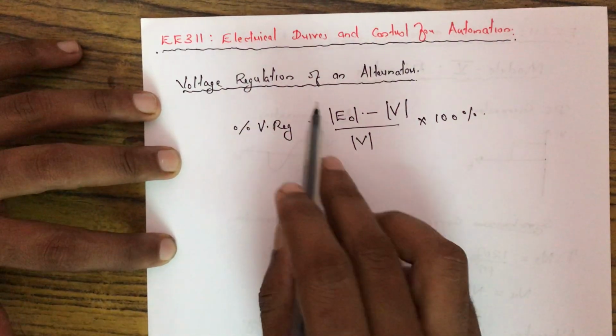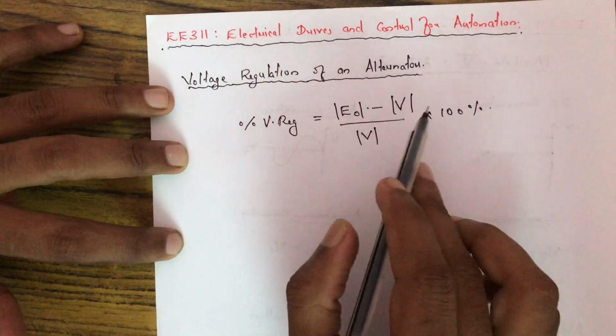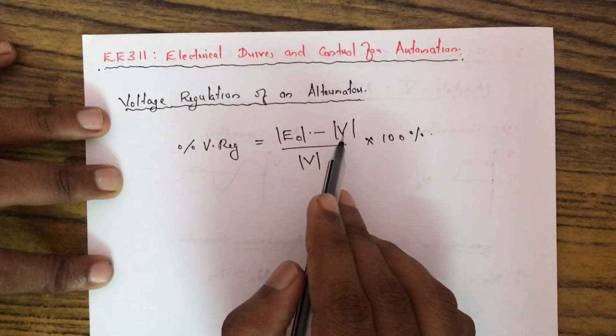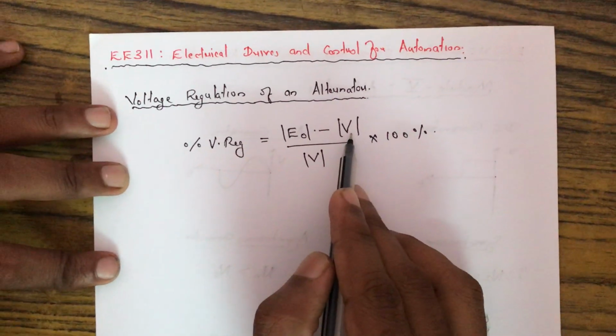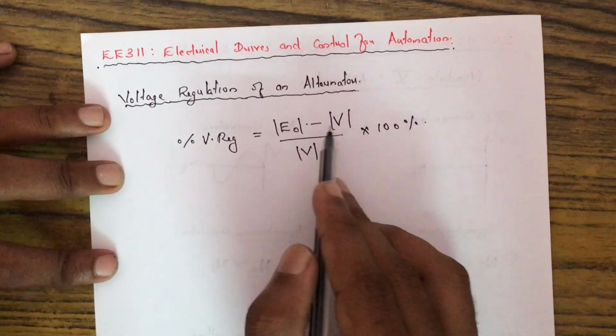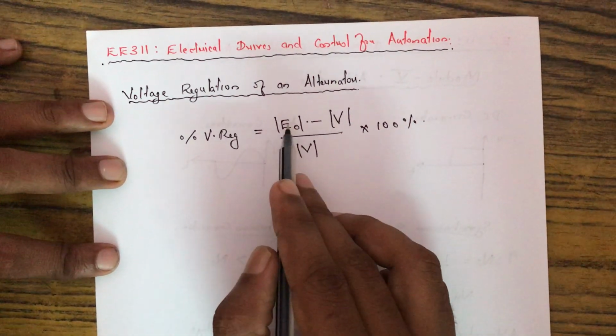The method to find the voltage regulation is that we have to connect the alternator with the full load, and measure the terminal voltage. Later we suddenly disconnect the load, and find the value of voltage at that time.